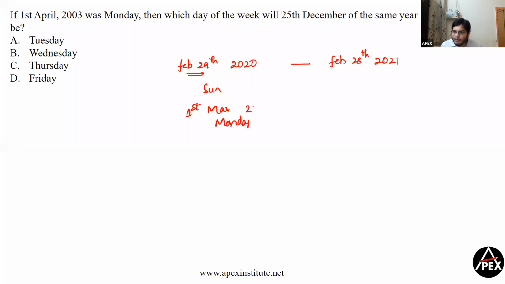So if 1st March 2020 is Monday, we can determine that 1st March 2021 will be Tuesday. If 1st March 2021 is Tuesday, then 28th February will be Monday. Simple. So make the question complicated and you can make it simple.